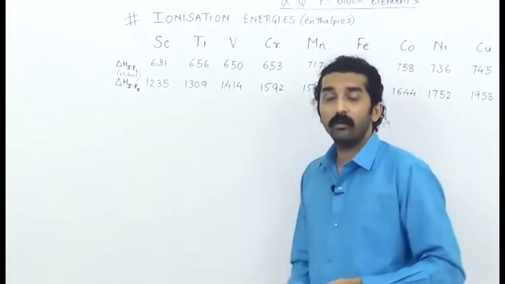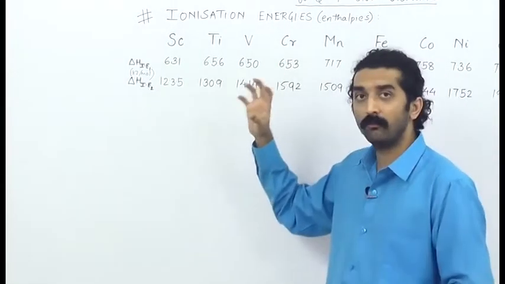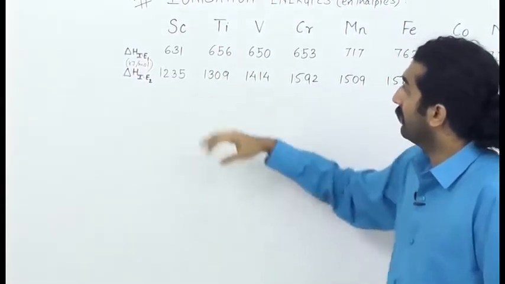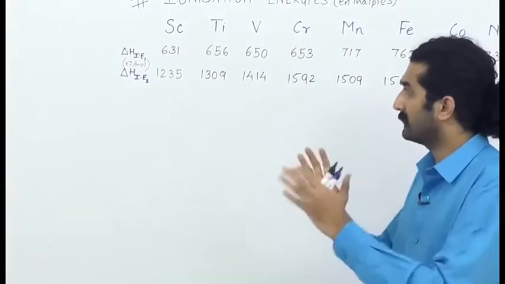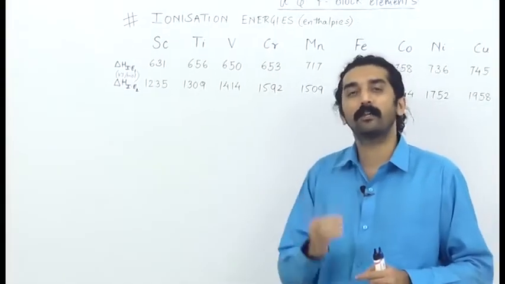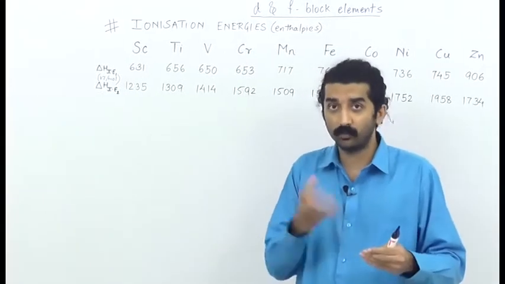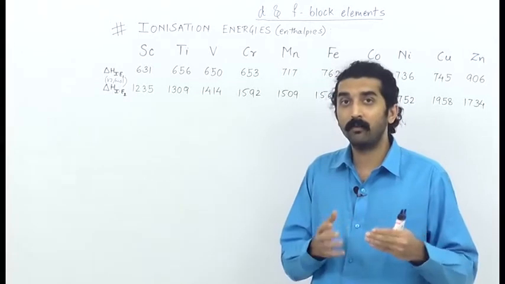To remove one electron from each atom in 1 mole of atoms of scandium, 631 kilojoules of energy is required, right? You can understand that analysis. 1 mole of an atom contains 6.023 into 10 raised to 23 scandium atoms. 1 mole of scandium atoms involves the Avogadro number of atoms.